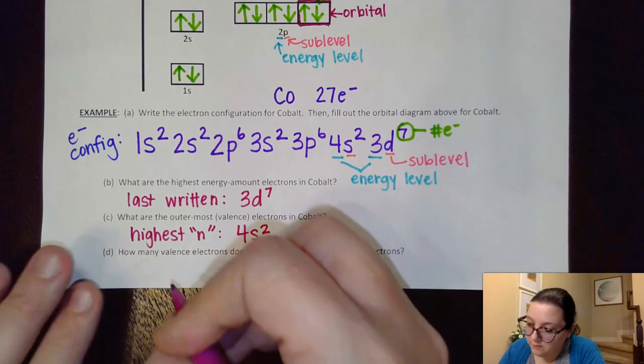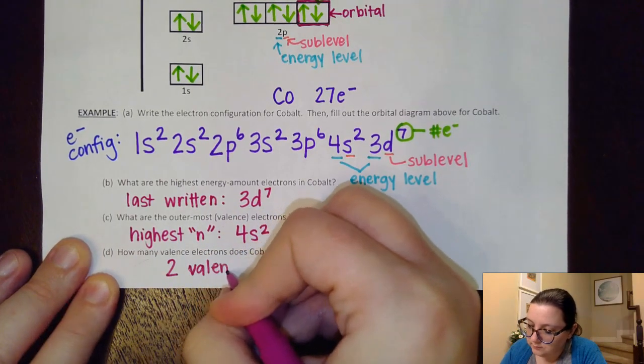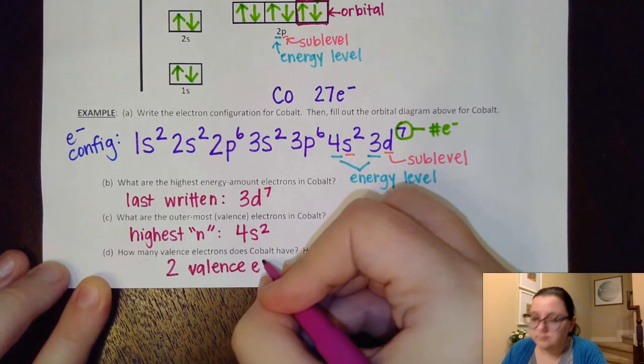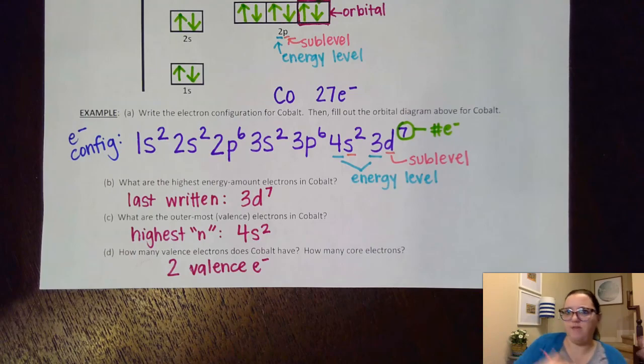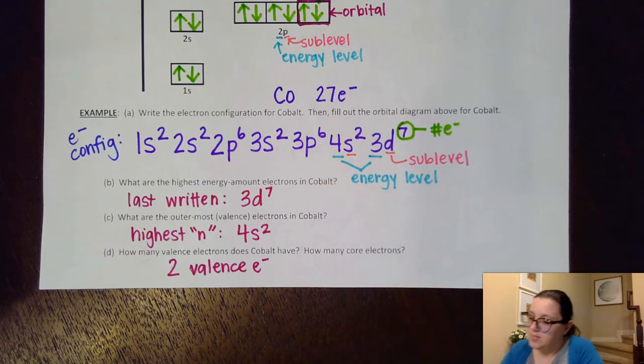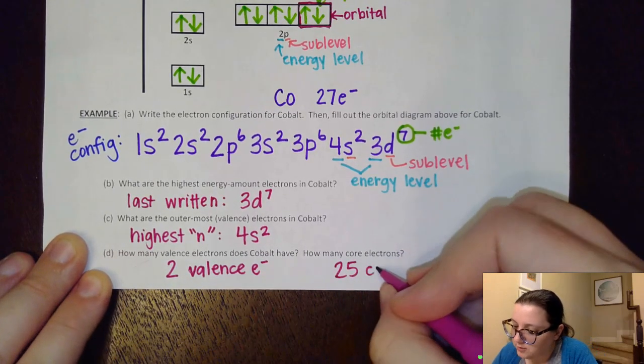Well, cobalt will have 2 valence electrons. Those are on the outermost that would be involved in any kind of bonding. It then asks, how many core electrons do we have? Core electrons are anything that's not valence, that are in lower energy level numbers. And so here, if I have 27 total electrons and only 2 are valence, that means the other 25 would be considered core electrons.